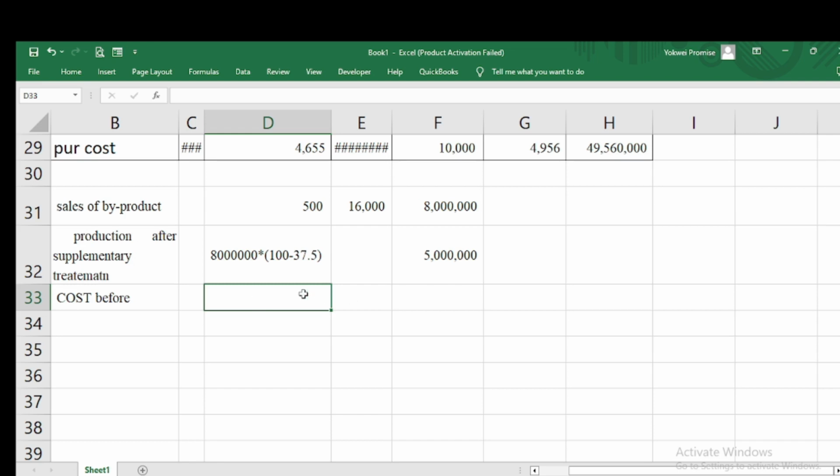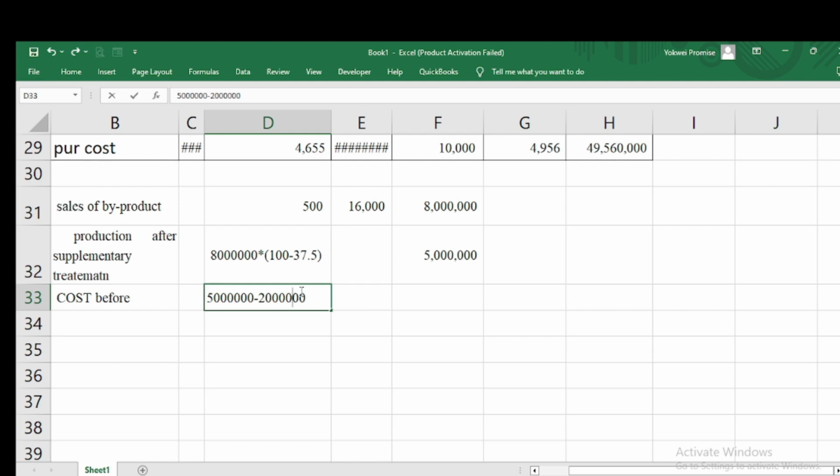So we are going to have 5 million minus 2 million, rather, not 200,000.